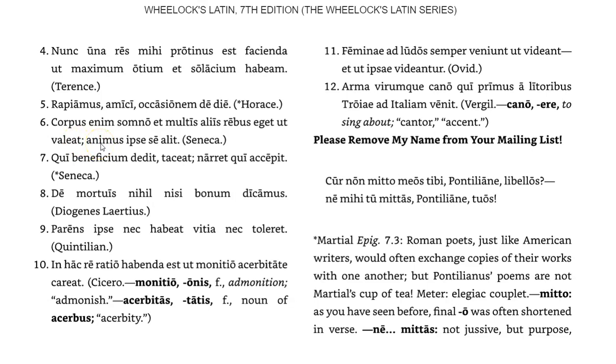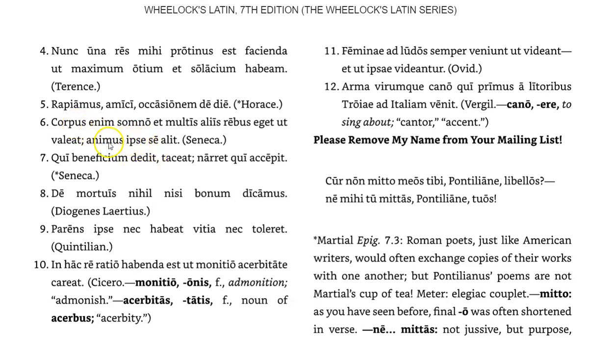The animus could mean either mind or soul, probably in this case the mind, or the mind itself, or the mind nourishes itself, or the soul nourishes itself. Here we have kind of a double intensifier. We have the reflexive pronoun se, and then ipse, really emphasizing just how distinct the animus is from the corpus.